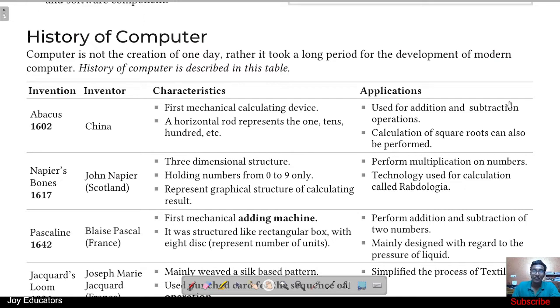Computer was invented way back, let me take the abacus. Do you know the abacus? What is an abacus? Abacus is something like this.